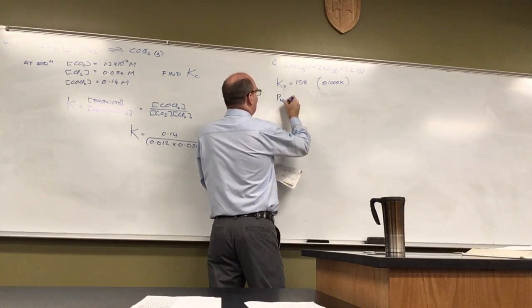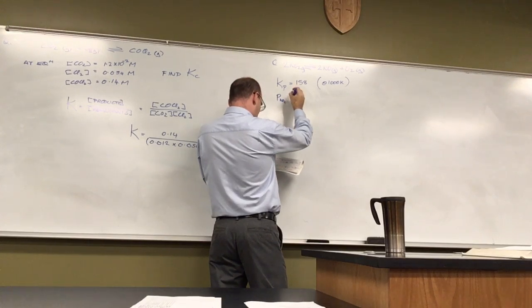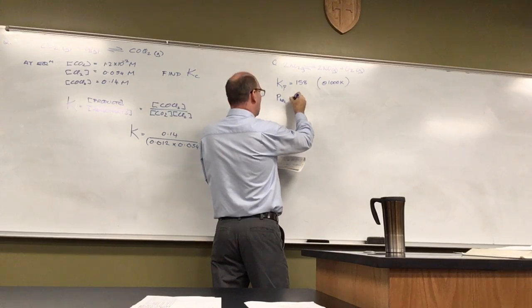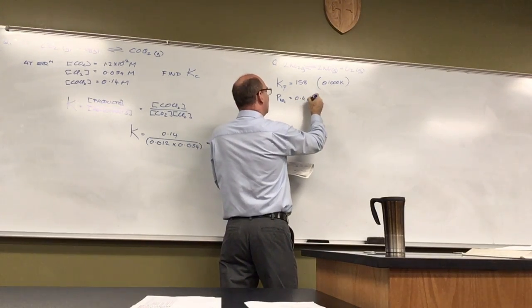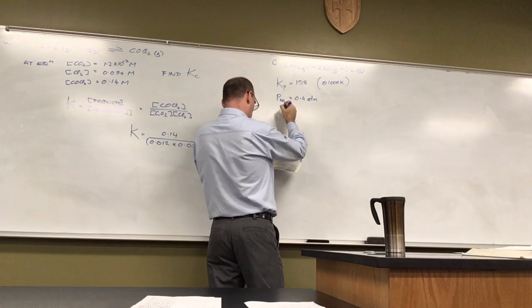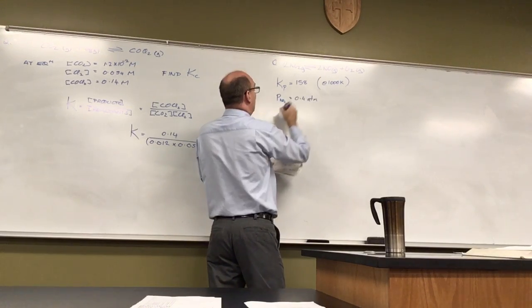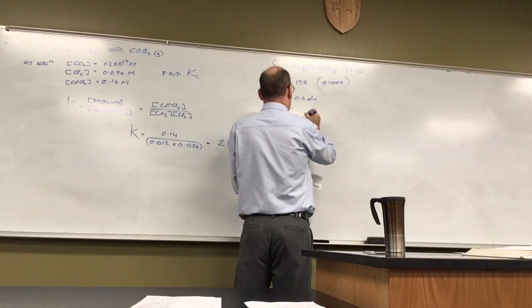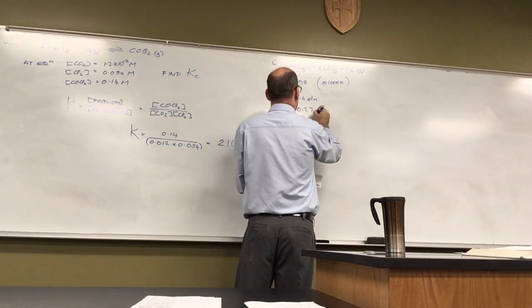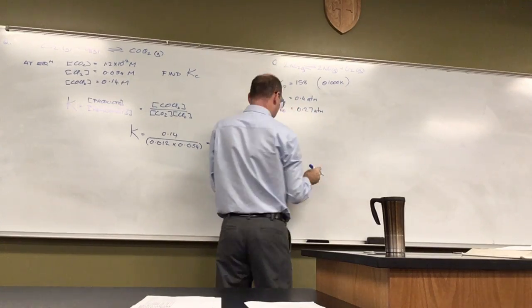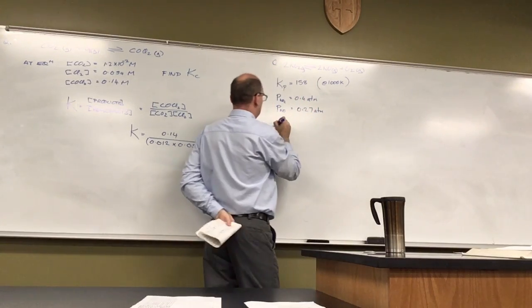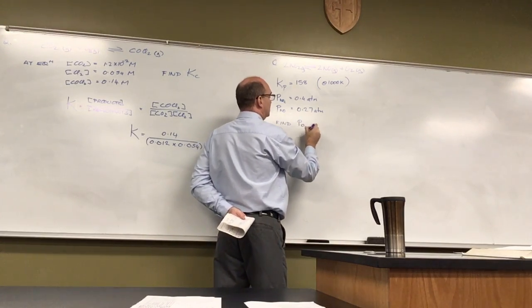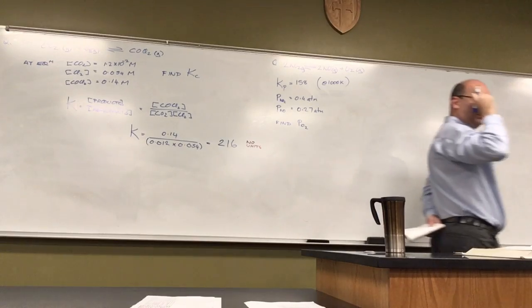Okay, if I look at the partial pressure of NO2 at equilibrium, I find out that it is 0.4 atmospheres. And the pressure of NO, nitrogen monoxide, is 0.27 atmospheres. Go ahead and find me the missing pressure.